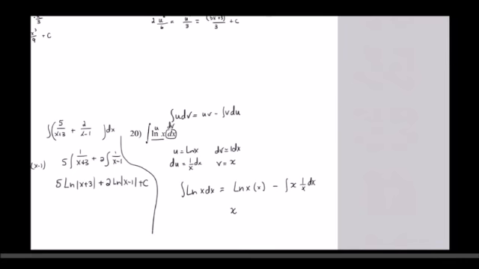We've got x times the natural log of x minus the antiderivative of dx. And that's x times the natural log of x minus, now the antiderivative of 1 dx, the antiderivative of 1 is x, so we've got minus x plus c. And there you have it. You guys made it. Way to go.